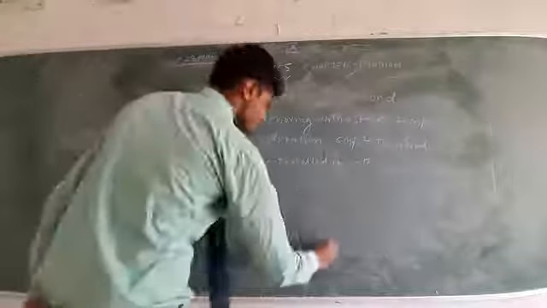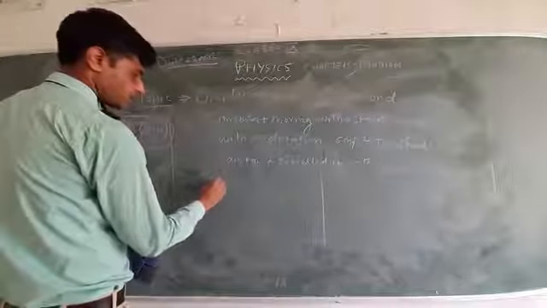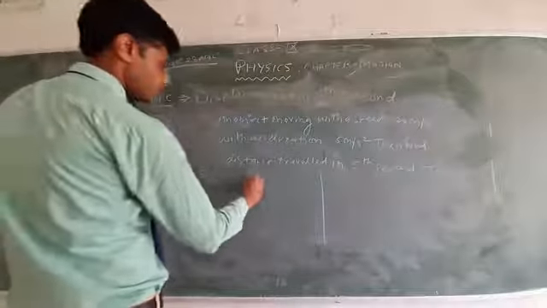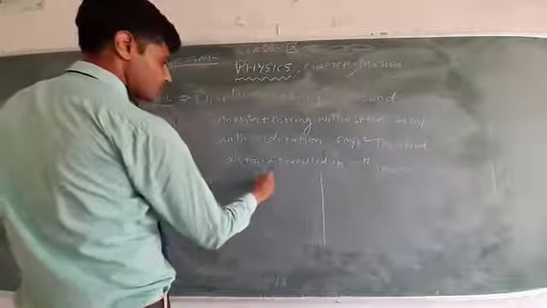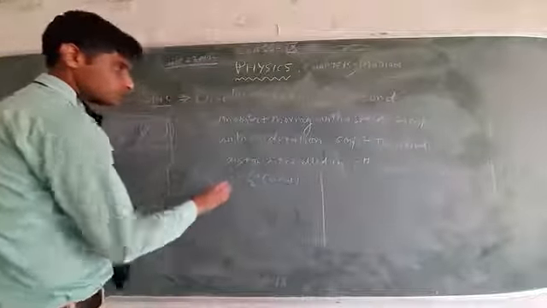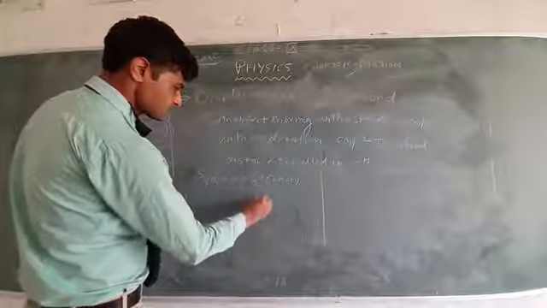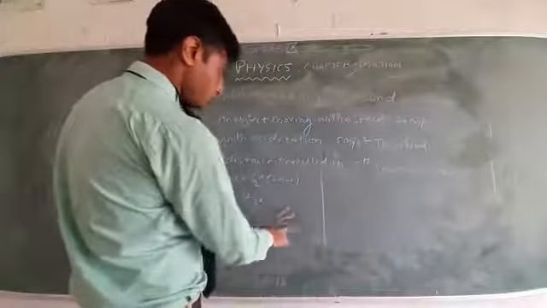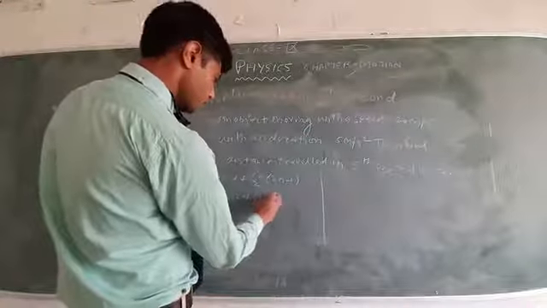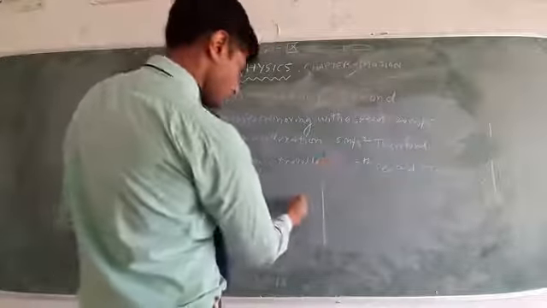So S in fifth second, you can use this formula, u plus 1 upon 2 a (2n minus 1). So u is 20 and the value of a is 0.5, the value of n is 5.